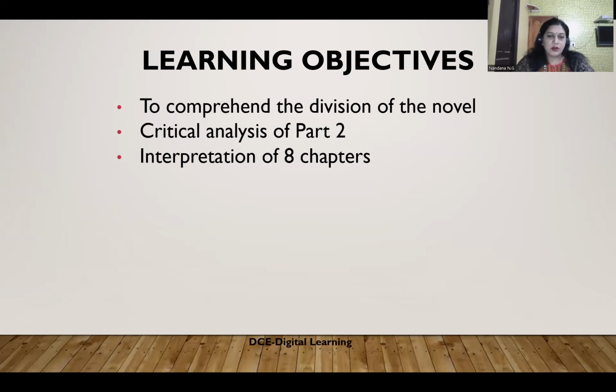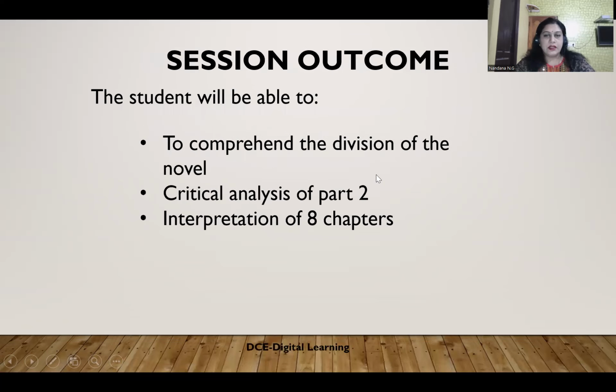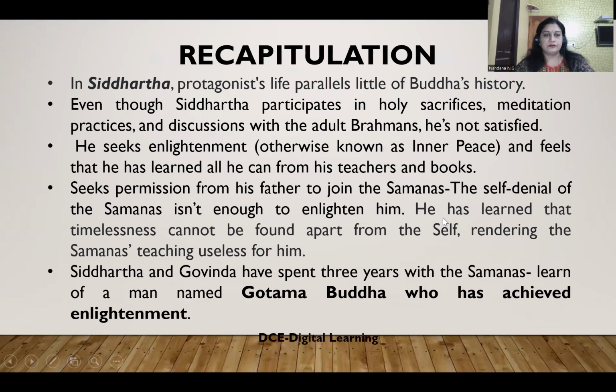As part A has already been critically analyzed, in this session we'll be looking at the critical analysis of part 2 and interpretation of the 8 chapters. At the end of the session, the student will be able to comprehend the division of the novel, the critical analysis of part 2, and also the interpretation of the 8 chapters.